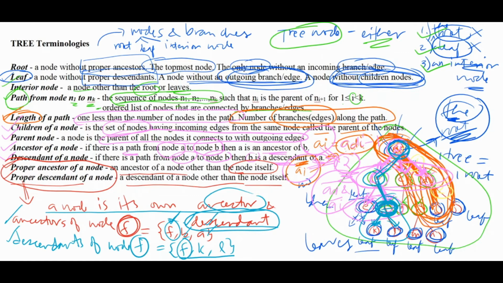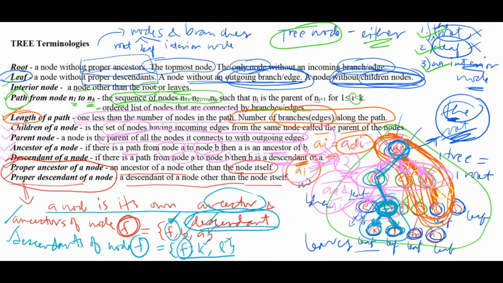Following this path you reach a leaf, and the nodes therein are F and K. Following the other path, ending in a leaf, you have F and L. So it's the union of all the nodes that you can reach following all the paths from that node downwards to a leaf.